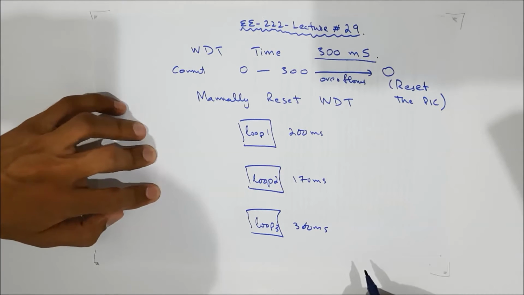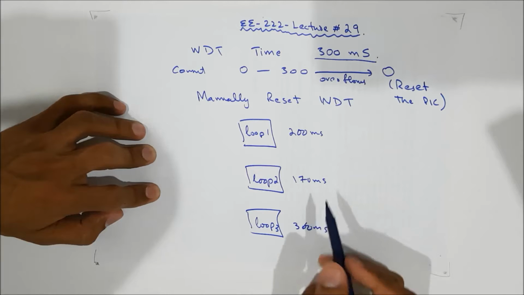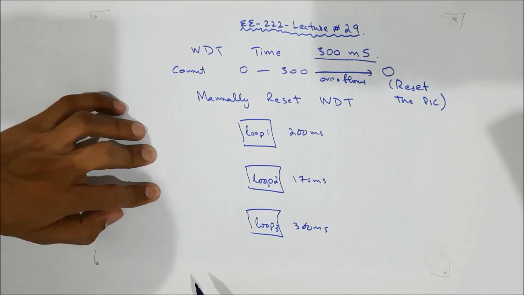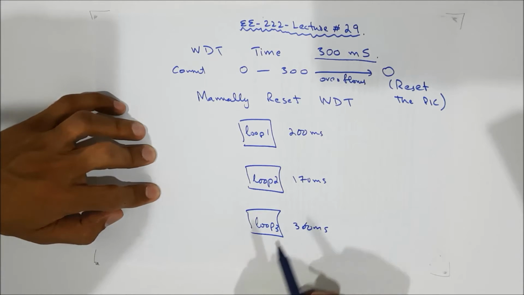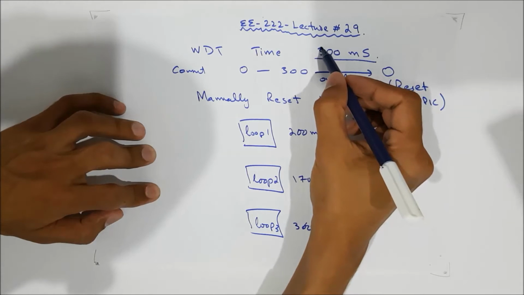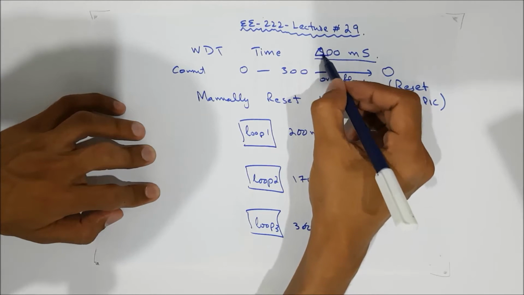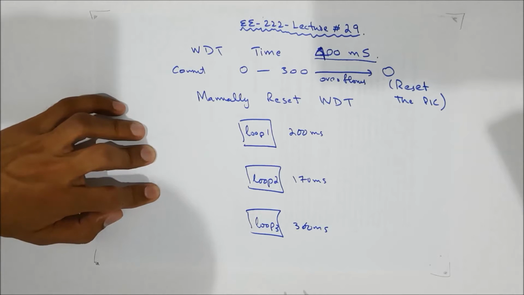You will see that now this 360 is greater than 300. So what you want to do is change the reset or overflow time of your watchdog timer to at least 400 milliseconds.